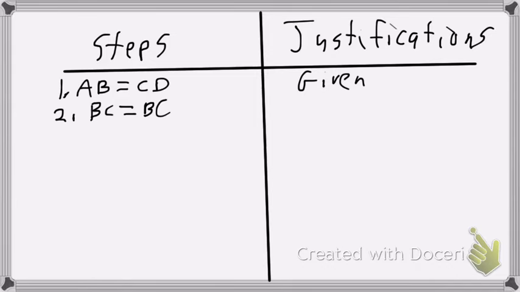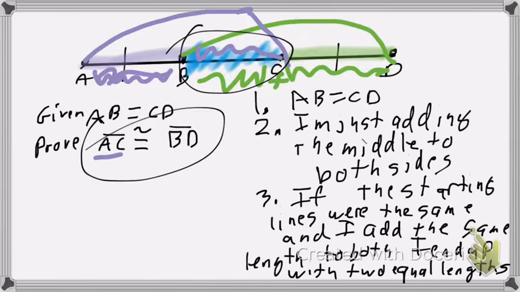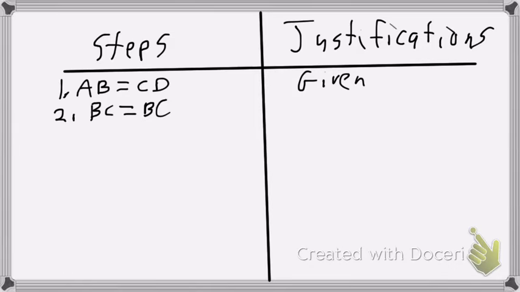Now, that may seem fairly straightforward, and like everyone's going to go, duh. But it's one of those things because we're adding over here from C to D, we're adding C to B. And from A to B, we're adding B to C. So because we're adding that to both sides, we need to put down that they're equal to each other.